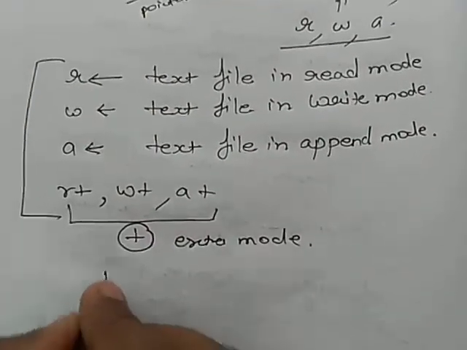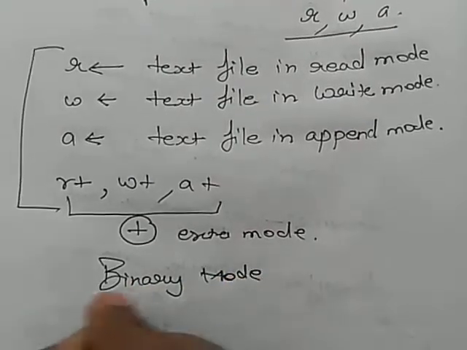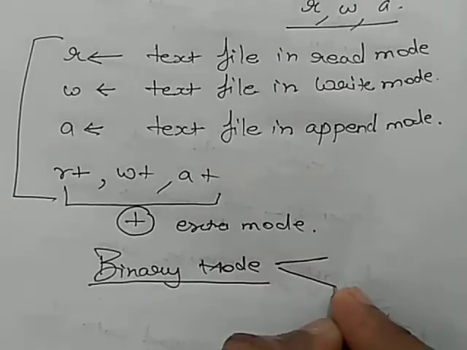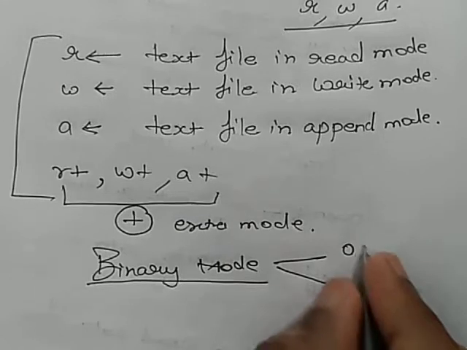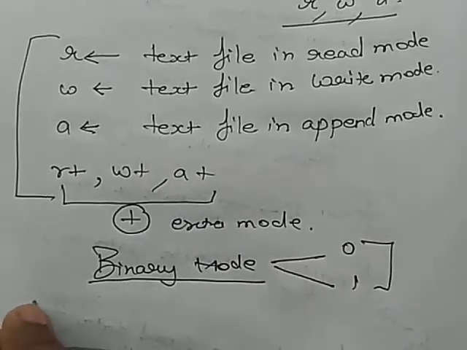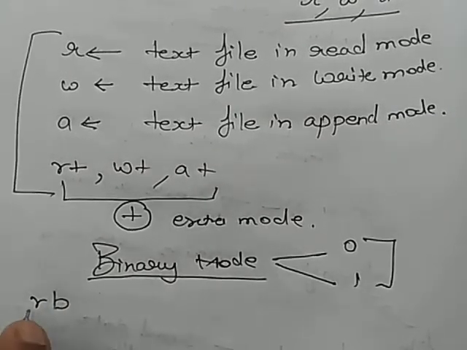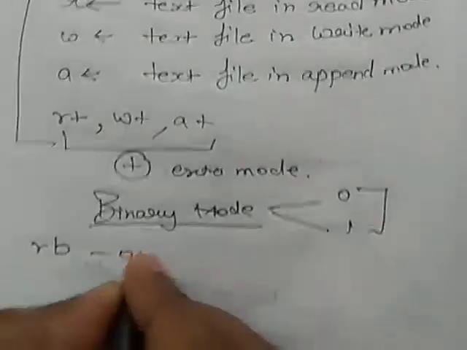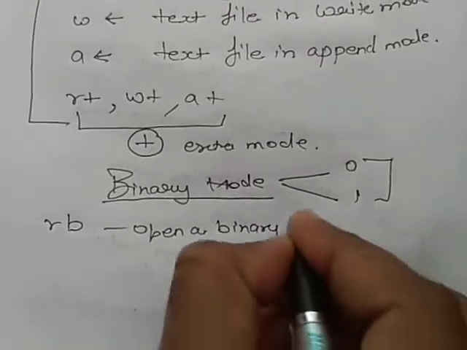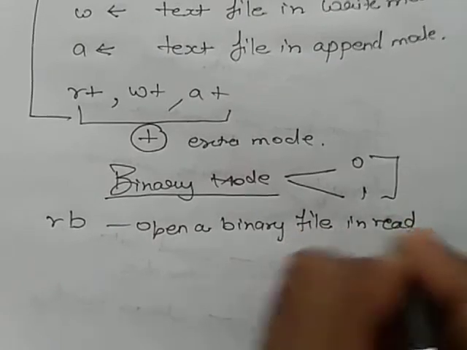We can open a file in another mode that is known as binary mode. So in binary mode, the data will be written in the form of 0 and 1, that is in a binary format. So what we have to do, we have to put B. RB opens a binary file in read mode.